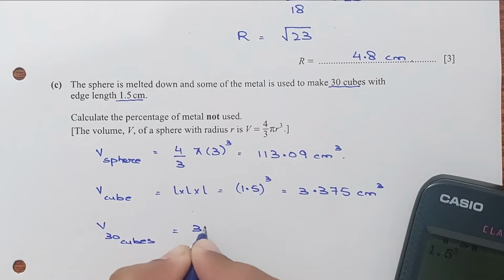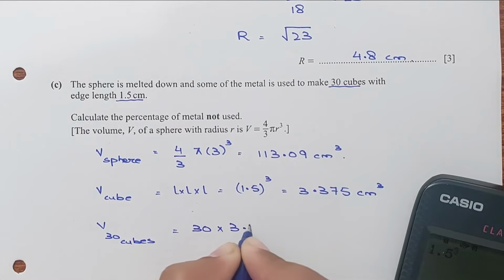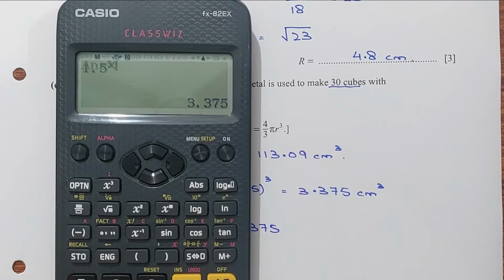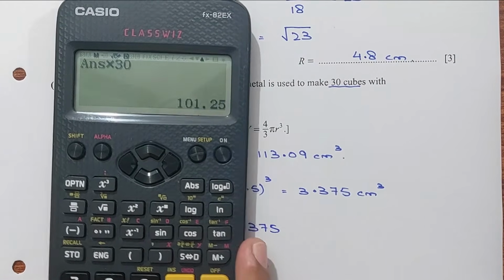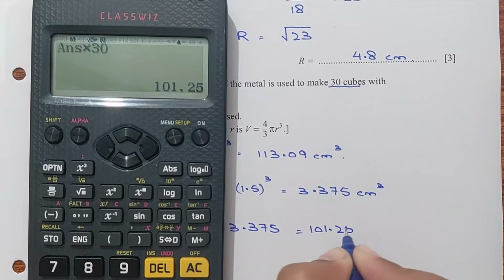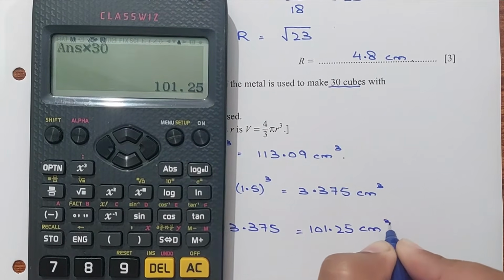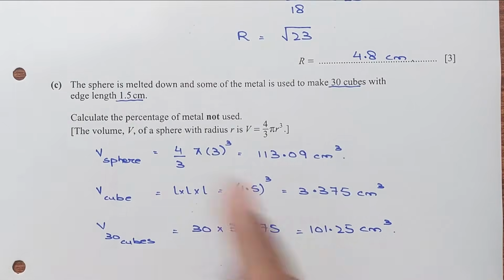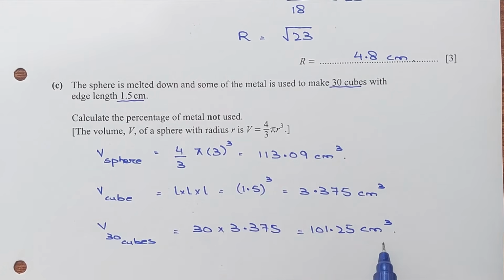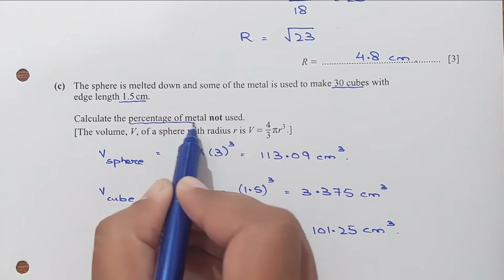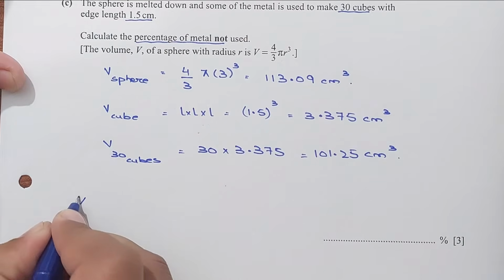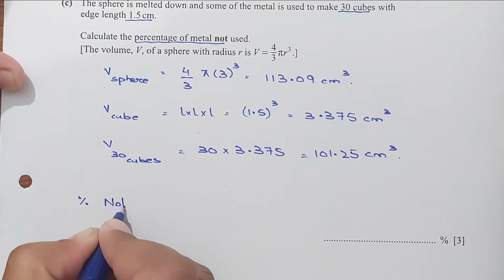This would be 30 times 3.375, right? So times by 30, this is 101.25 centimeters cubed, right? So it means from the total volume of the sphere, this much is used. So we have to find the percentage of the metal which is not used, right? So percentage not used.